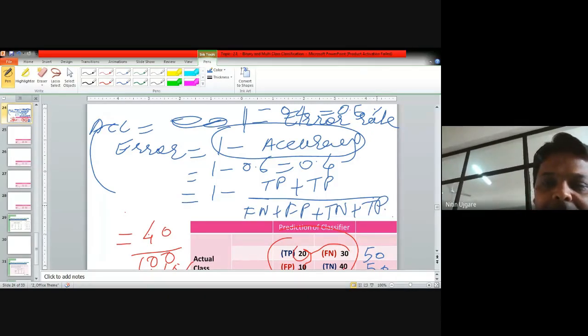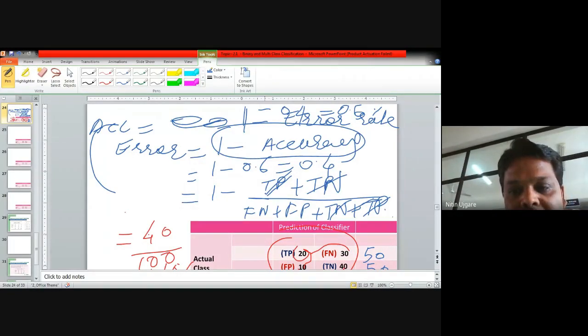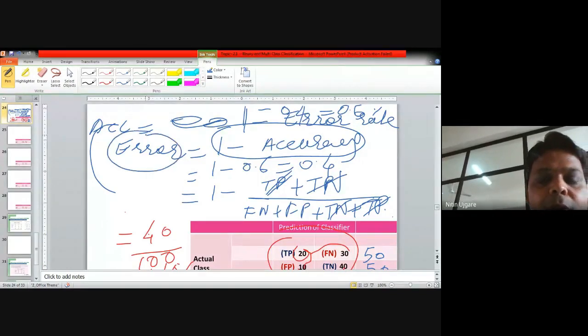If you simplify this, the Tn and Tp cancel, and what remains is Fn plus Fp divided by Fn plus Fp plus Tn plus Tp, which is actually the formula for the error rate.